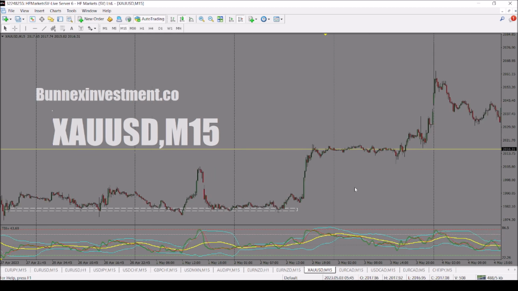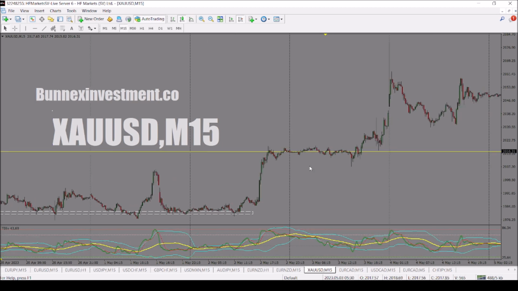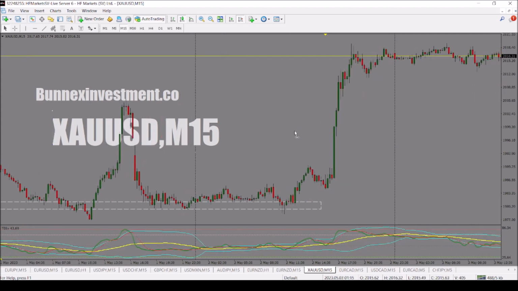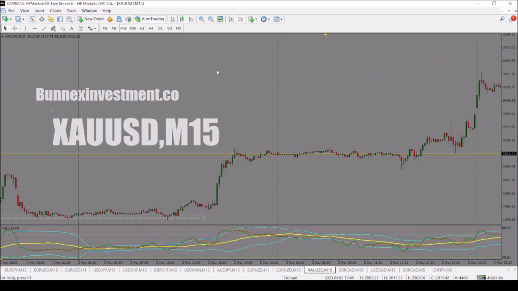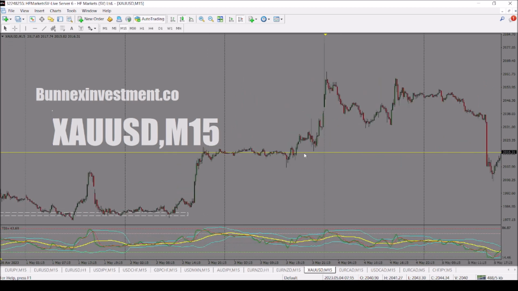The next thing is to see the market give us a pullback, and this pullback going beyond the low of this particular day. In this case, it opened as a consolidation, and after opening as a consolidation, we can see the market pulling out of the daily structure to the downside.